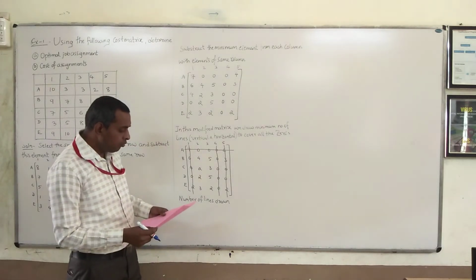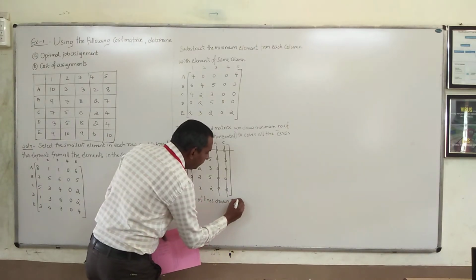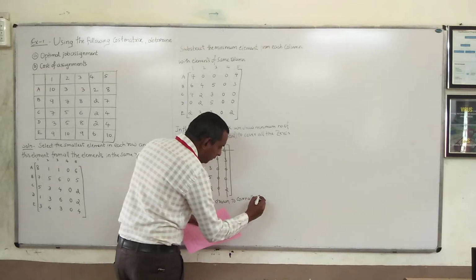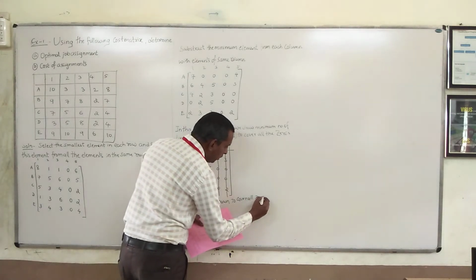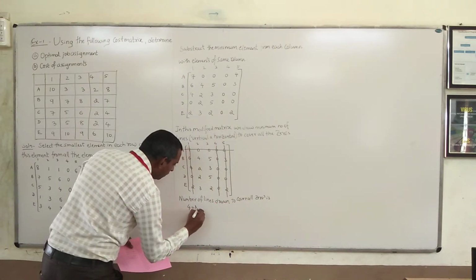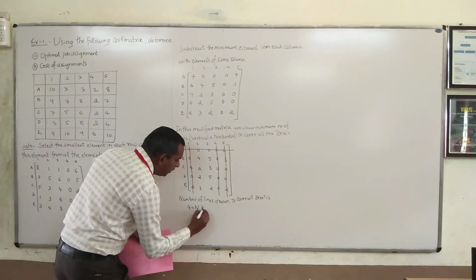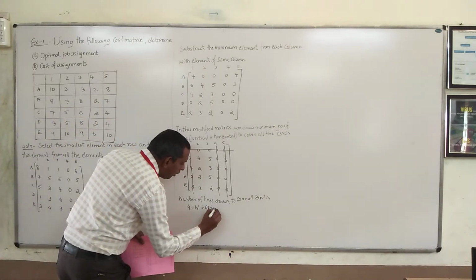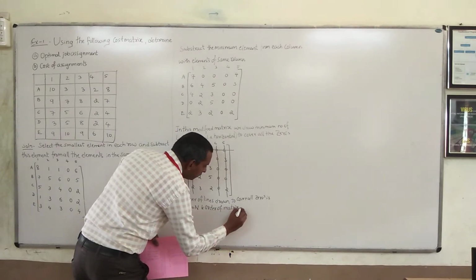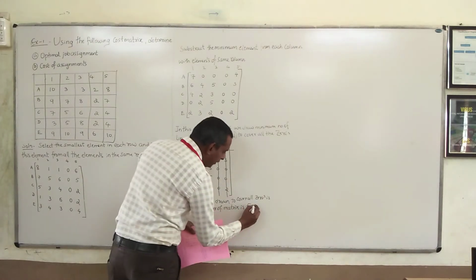So the minimum number of lines drawn to cover all zeros is 4, that is equal to N, and the order of the matrix is what? 5, that is equal to n.